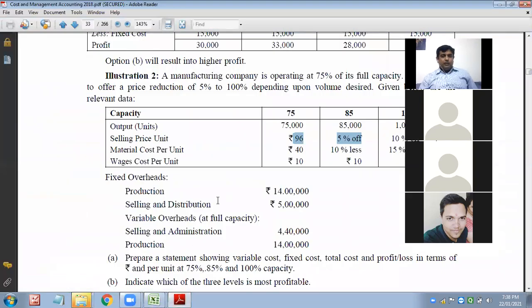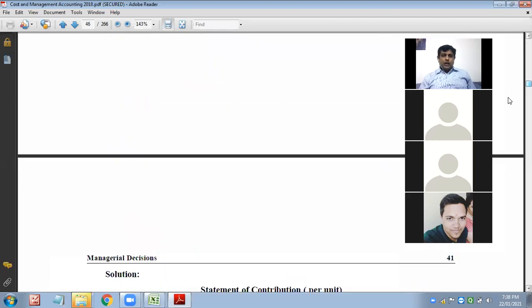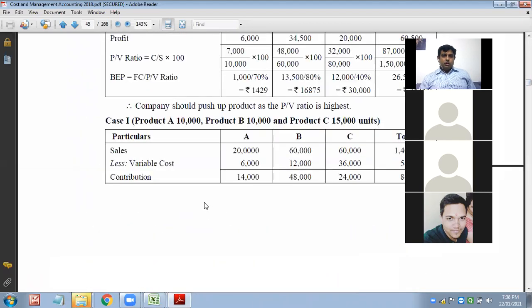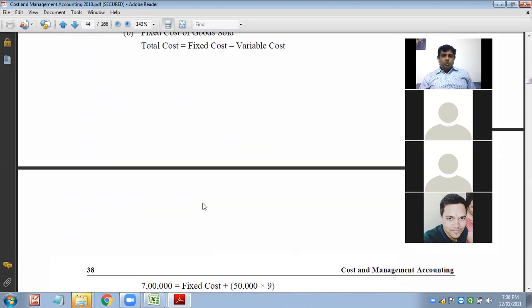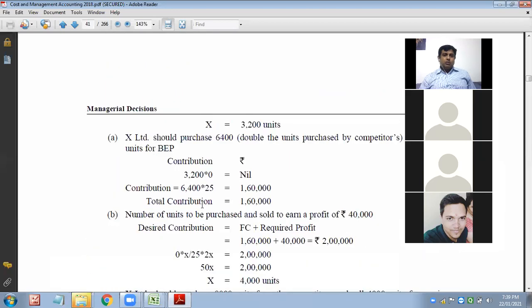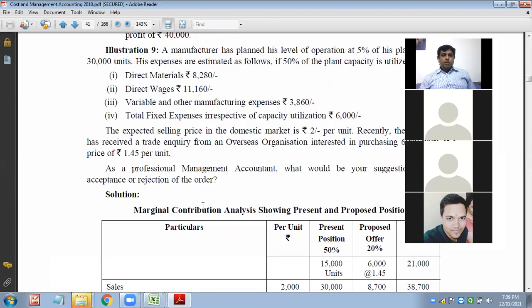So now I believe you can do question number 9, which I have asked you to do. Kindly finish this question, which I am giving you as homework. Question number 9, question number 10.